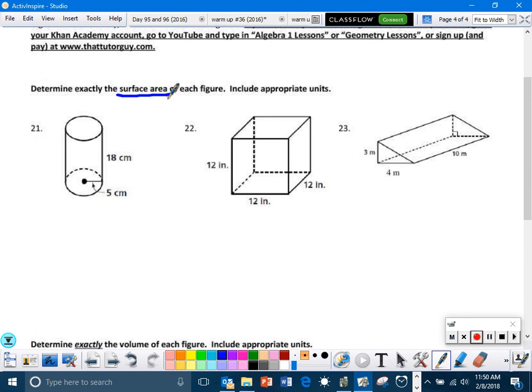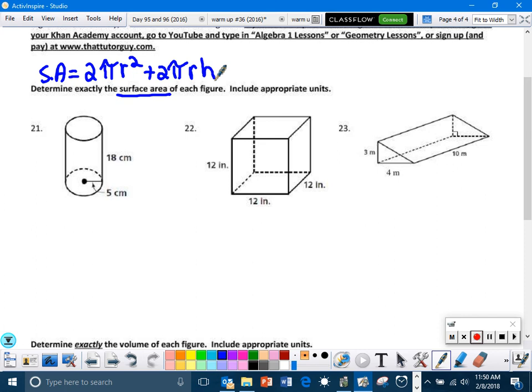The surface area formula for a cylinder is as follows. It would be 2 pi r squared plus 2 pi rh. Now, you do not have to have those memorized. Obviously, I do not have it memorized.